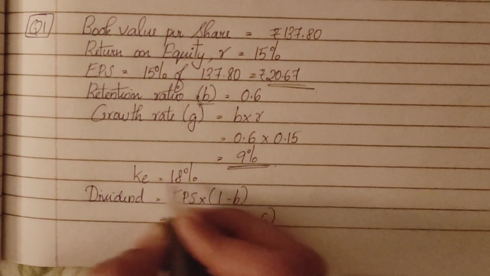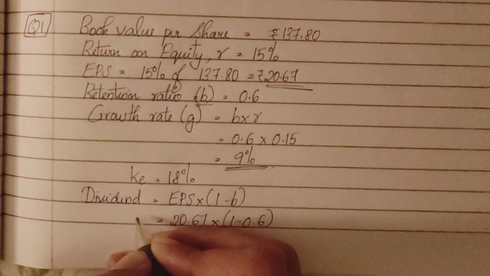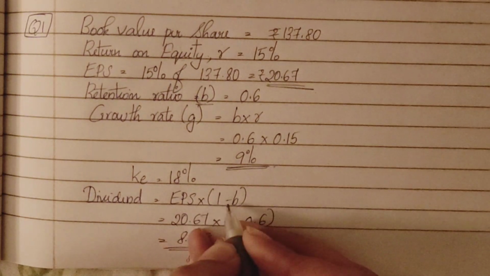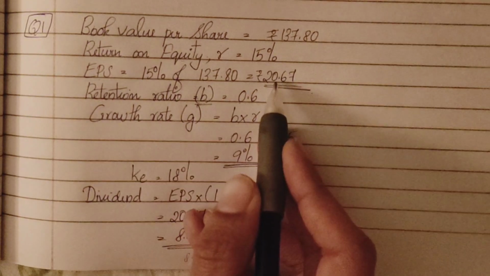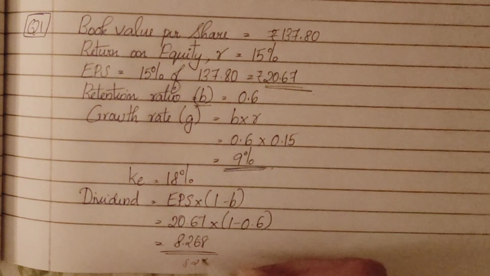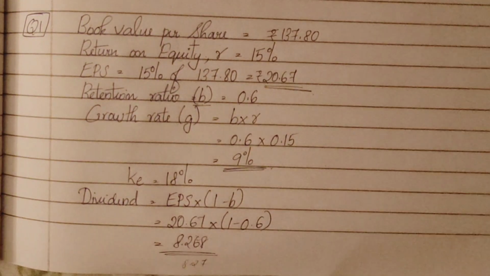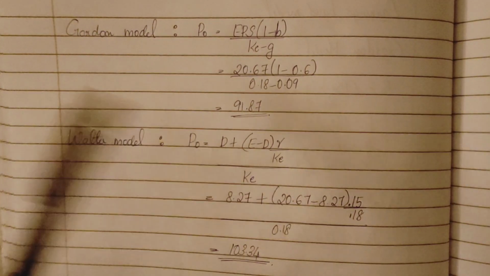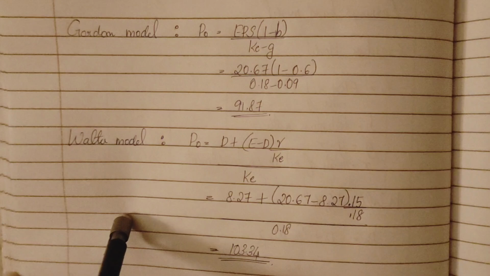Then the cost of equity, the question specifies that. In the dividend we have to compute, dividend is earning per share into 1 minus B. EPS we already calculated as 20.67, into 1 minus 0.6, 8.268, which means 8.27. Now we can directly apply the values to the formula of Gordon's model and Walter's model.